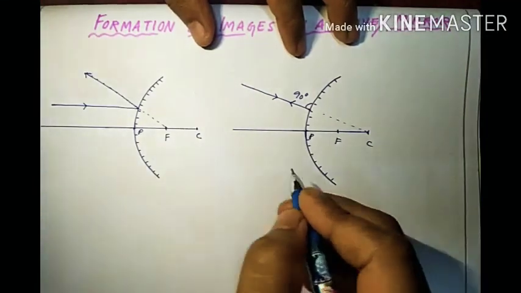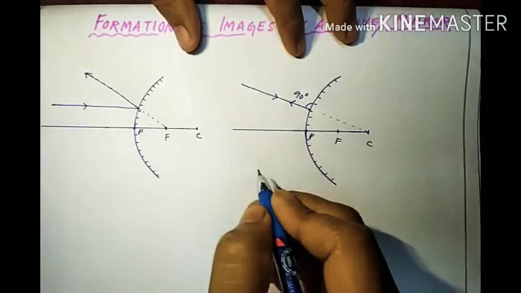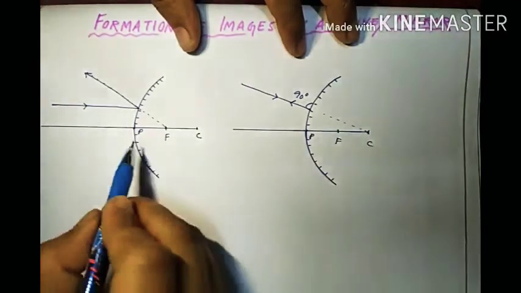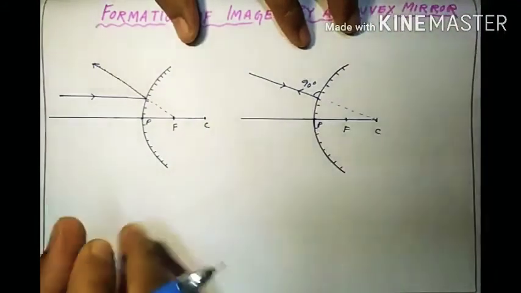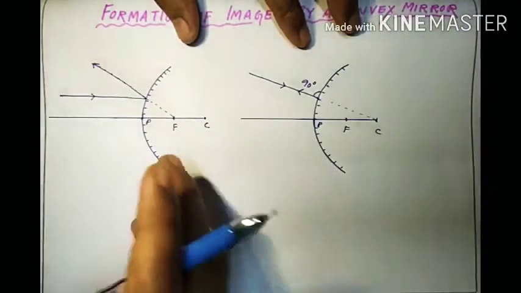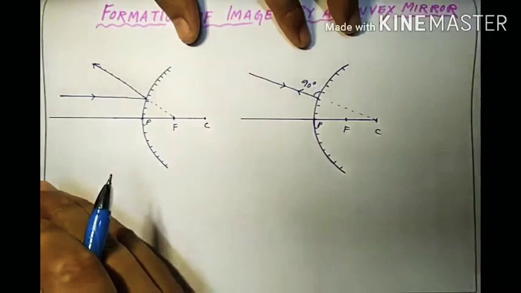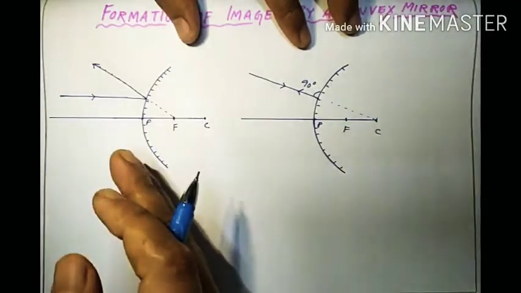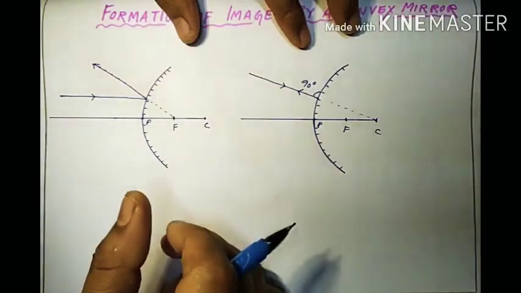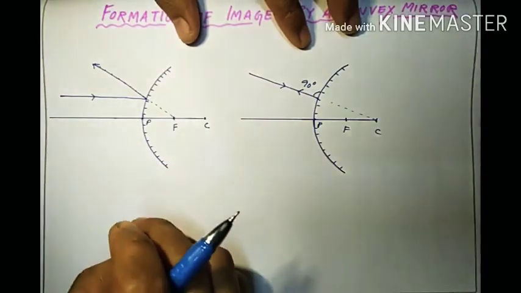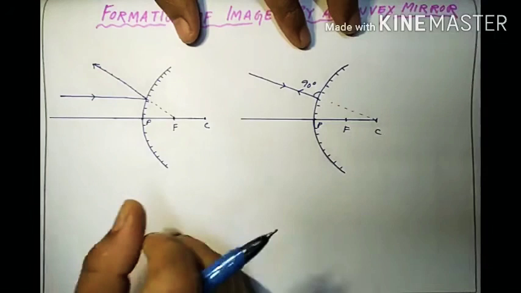Before I begin drawing the images, let me tell you something. As we know, for a concave mirror we have got 6 cases. Why? Because we have placed our object at infinity, beyond the center of curvature, on the top of the center of curvature, in between the center of curvature and focus, then on top of focus, then in between focus and pole.